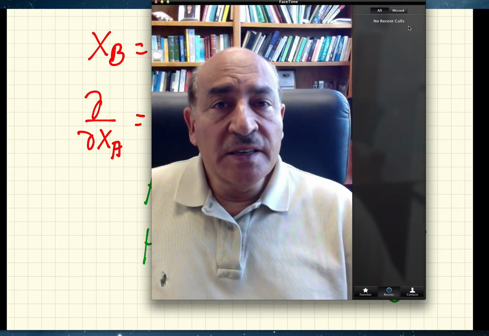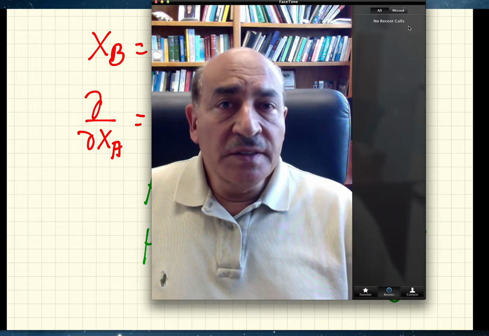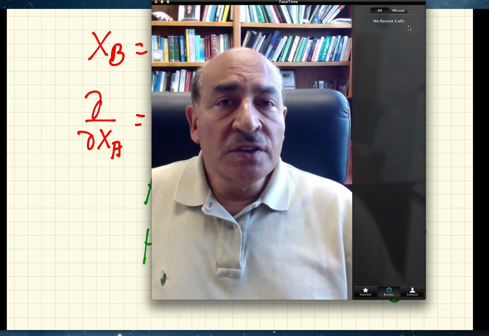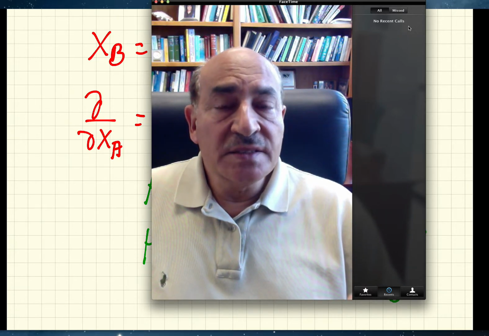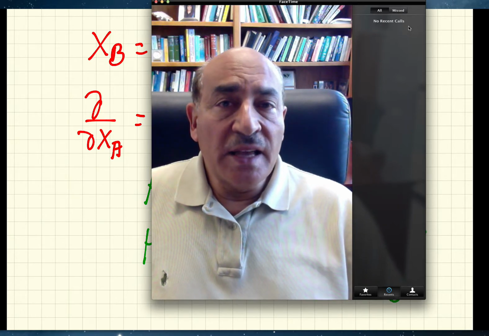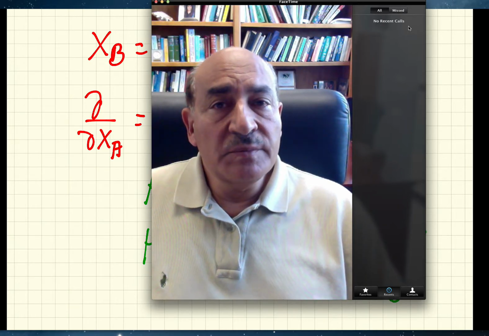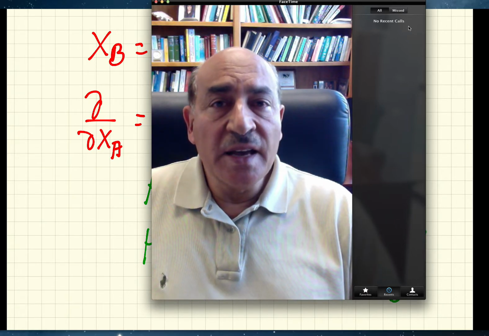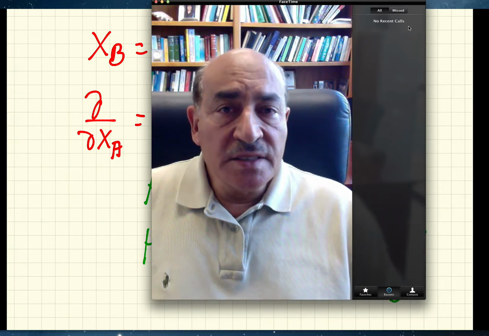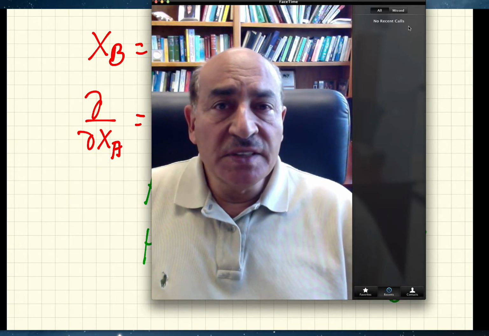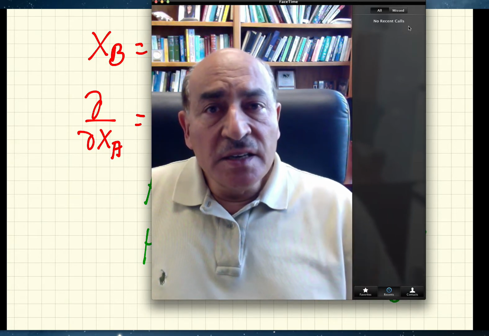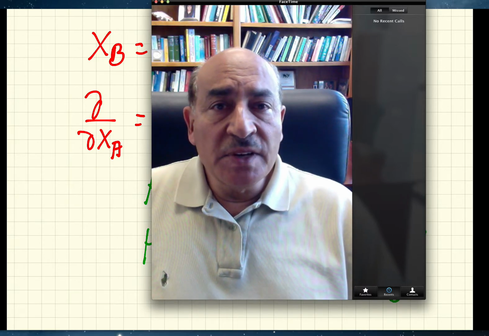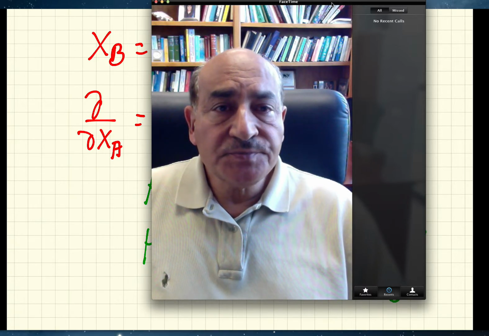And I'm writing them with all of the dependencies now in terms of x sub B. So that's the situation here, because once we find the equilibrium concentration x sub B in the alpha phase and x sub B in the beta phase, then we're able to find the corresponding x sub A. So let's write down the equilibrium conditions. The equilibrium condition is that we would equate the chemical potentials in each case.